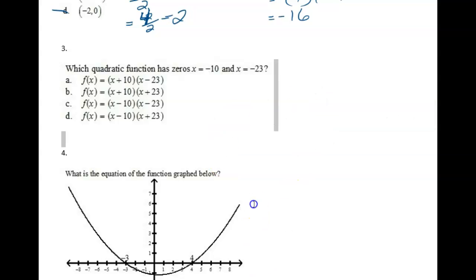Okay, so question 3. We have a quadratic function that has zeros -10 and -23. Write the quadratic function. Remember, zeros are the same as x-intercepts. Because it says function, we can write it as f of x.